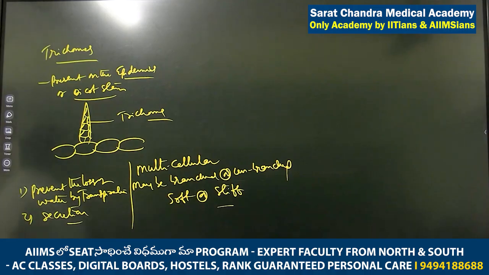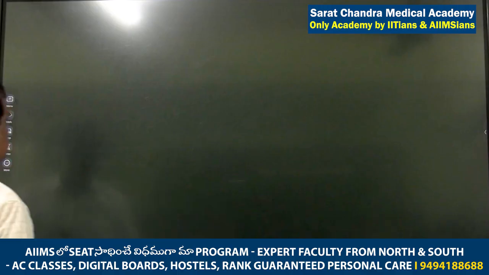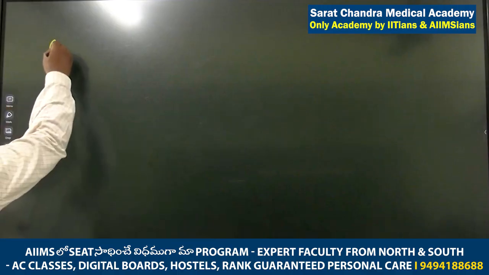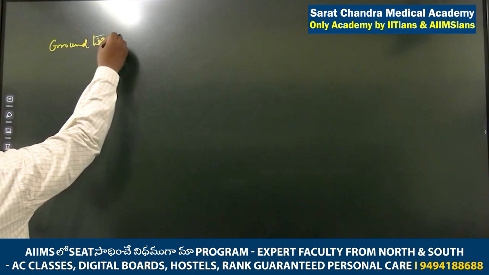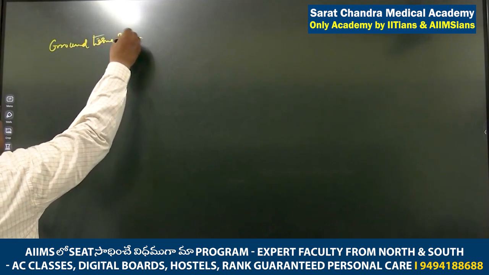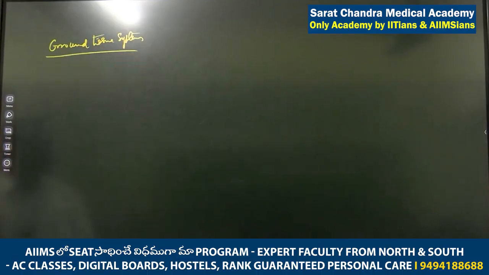Next, the second one, ground tissue system. What is ground tissue system? All the tissues except epidermis and vascular bundles.